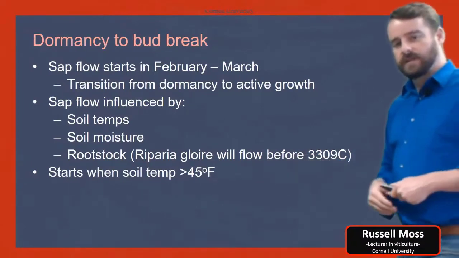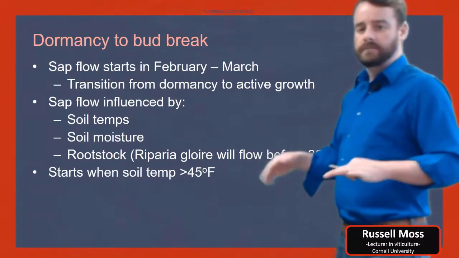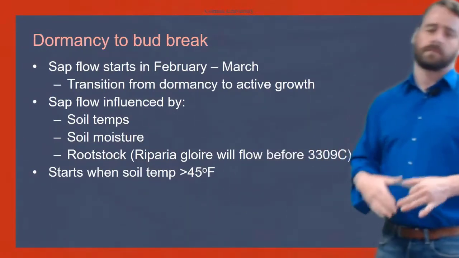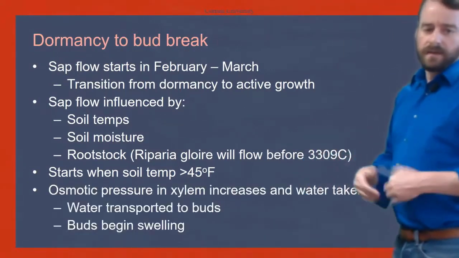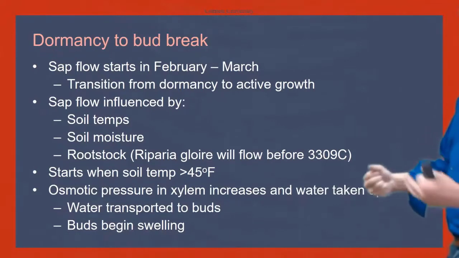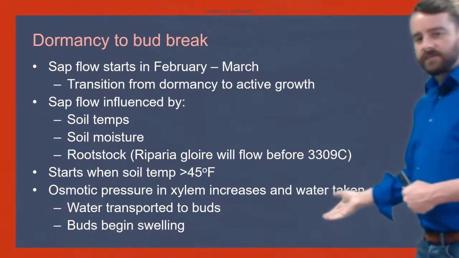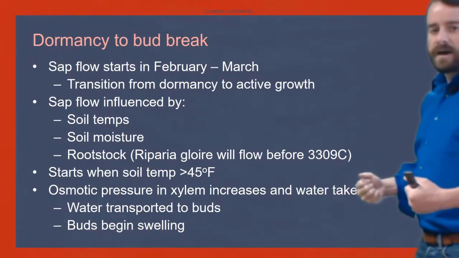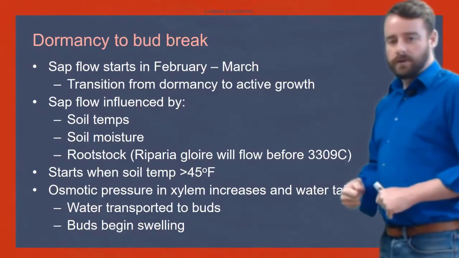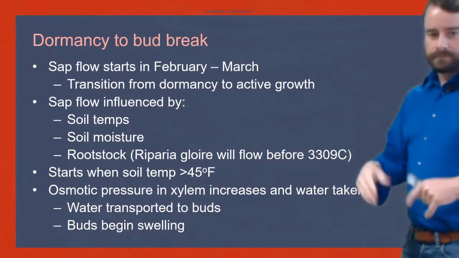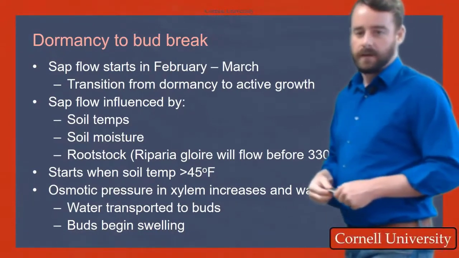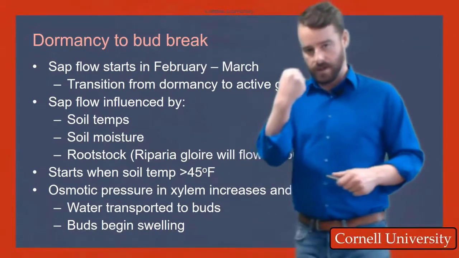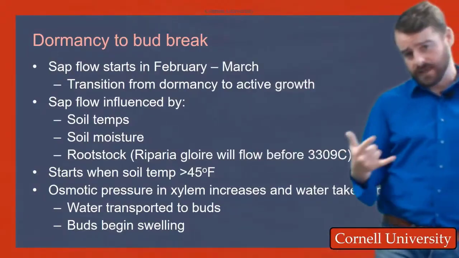And generally sap flow will start when soil temperatures go above 45 degrees Fahrenheit. What happens, how the vine does this, is it actually breaks down starch and then increases the osmotic pressure within the roots, within the xylem, and that is actually what is pulling the water up into the plant, and then the buds begin to swell.